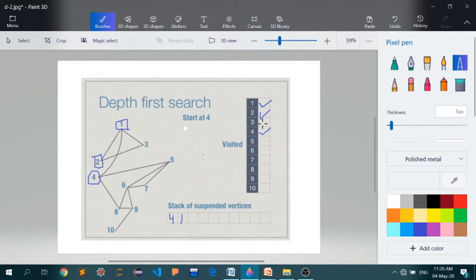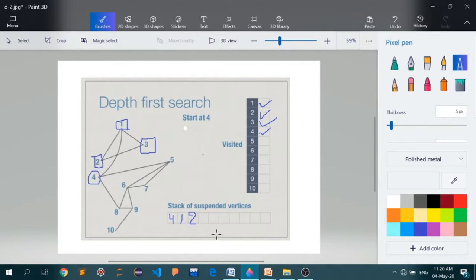So I will mark it as visited first. Now, as I have moved on to node number 3, I have to suspend the exploration of 2 for the time being, so I will push that also onto the stack.